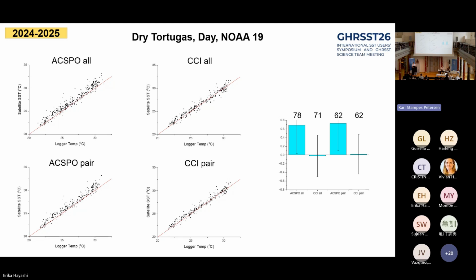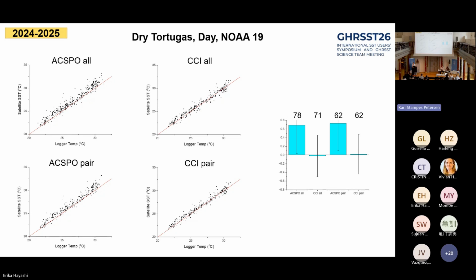The example from Dry Tortugas is over in Florida. The results on the right-hand side are for all data above 29.5 degrees. This is an interesting example. First of all, it's interesting from the perspective of the number of values, all the data versus paired data, fairly even.